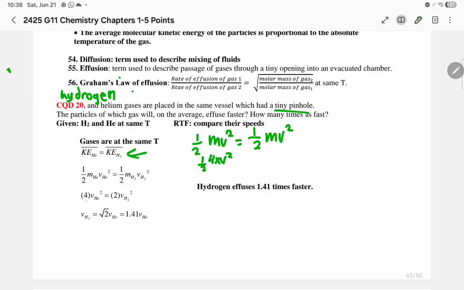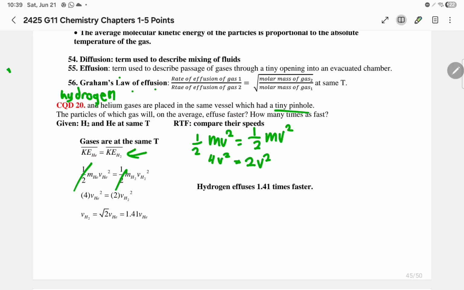Why is it 4 here? My bad, it's 4 because we cancelled the half from each side. I wasn't focusing. Equals 2v squared. Now the v of the hydrogen equals 2 radical of 2v helium.